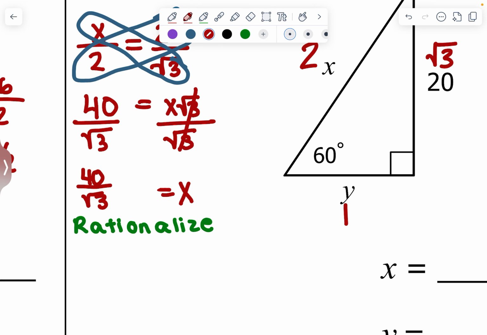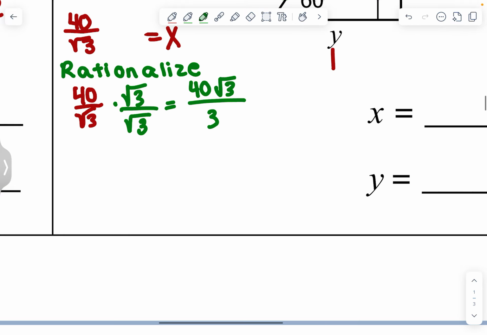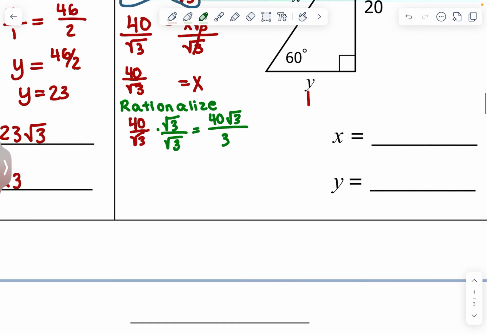So to rationalize, we take our 40 over radical 3, and we multiply by radical 3 over radical 3. And we get 40 radical 3 over 3. And so x is 40 radical 3 over 3.